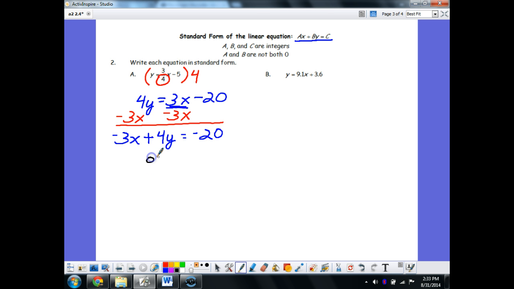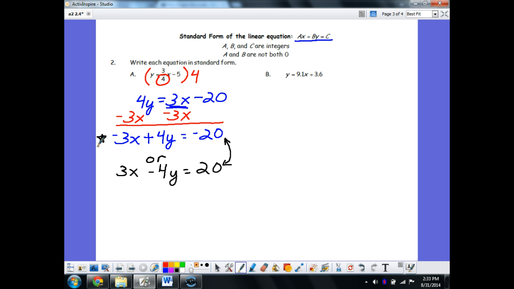So if that is the case, the only way we need to make that positive is to multiply everything by -1, or make it 3x minus 4y is equal to +20. These two equations would be equivalent. As far as this class goes, and as far as I'm concerned, this answer right up here is perfectly fine.